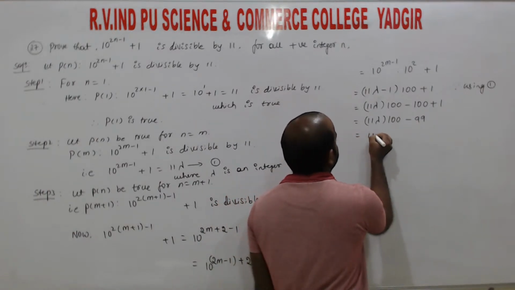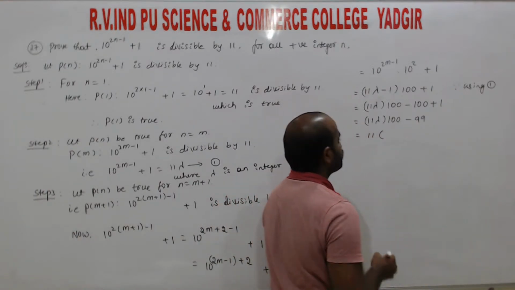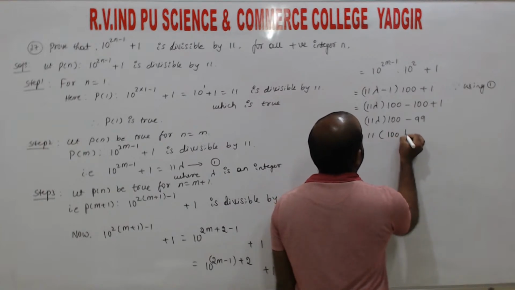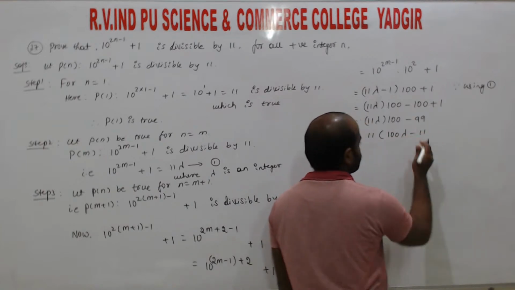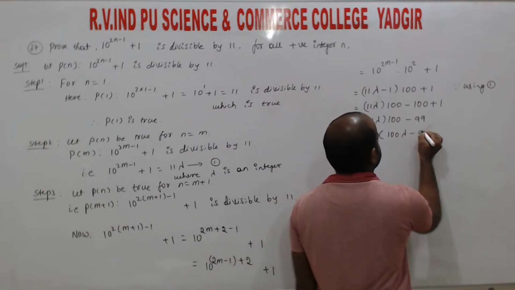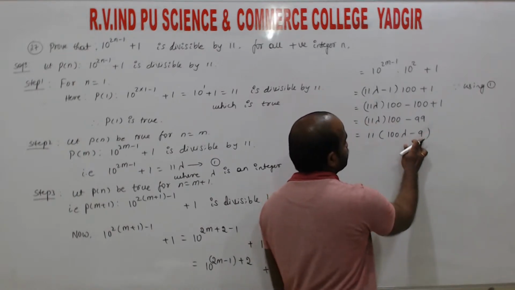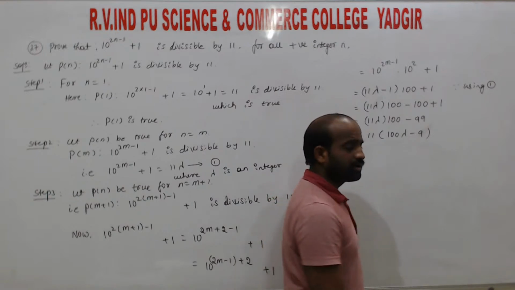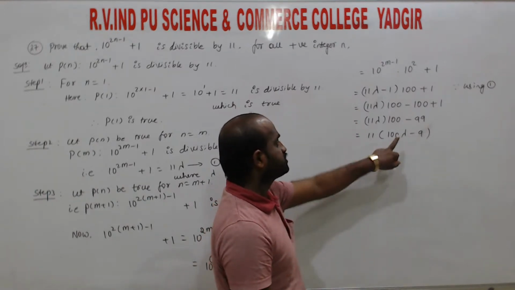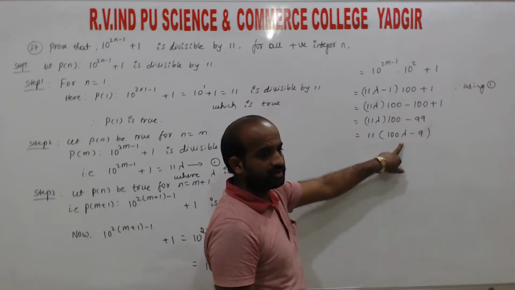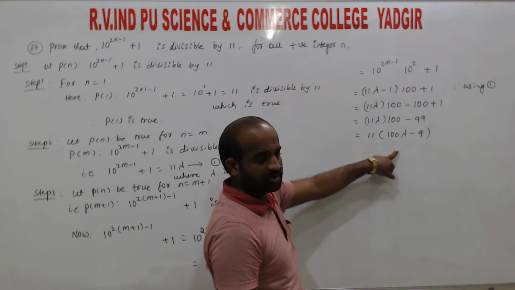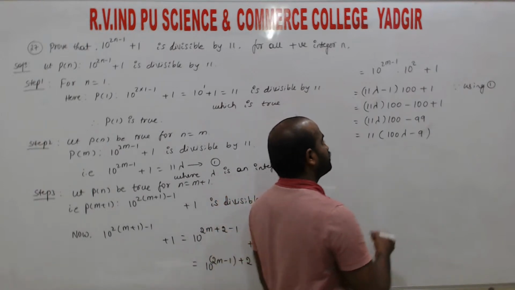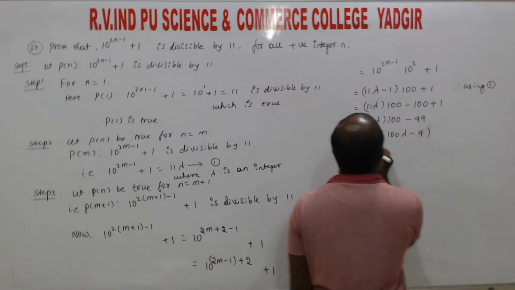Next, 11 is common: 11 into 100 lambda minus 9. 99 is a multiple of 11, so this is divisible by 11.